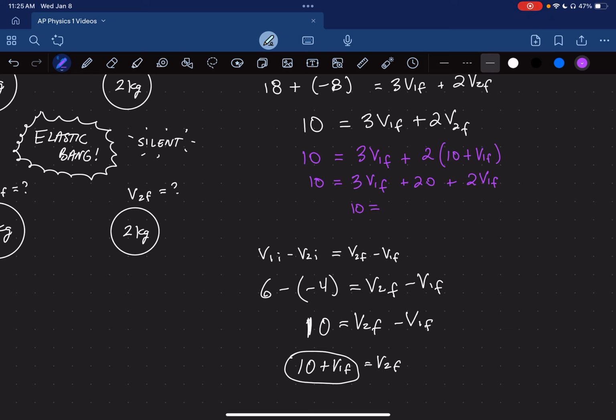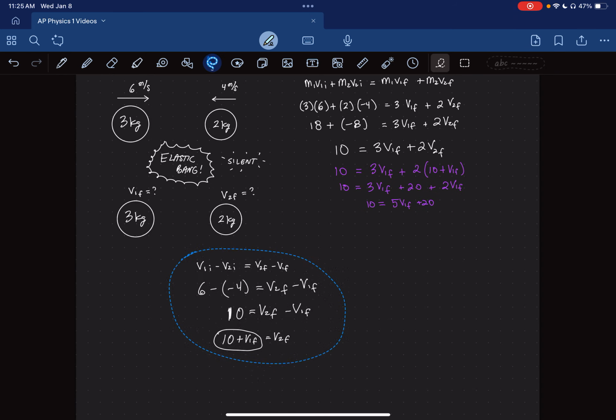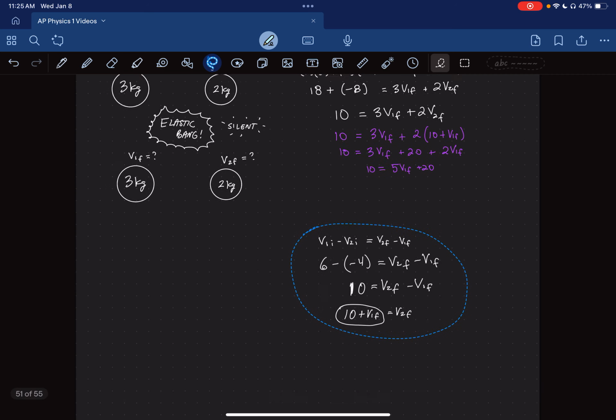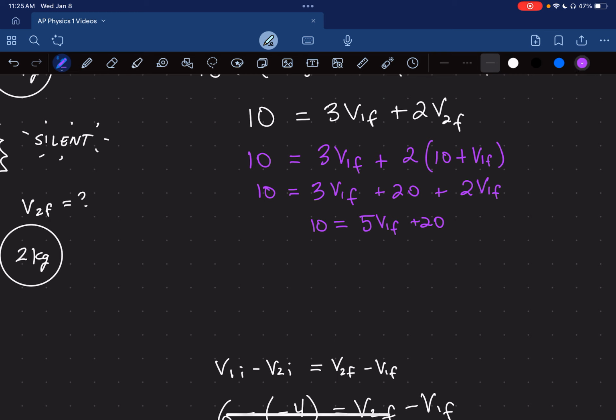This is 10 equals 5 V1F plus 20. Just move this down here. We'll continue. Subtract 20 from both sides. That will be -10 equals 5 V1F, which is -10 divided by 5, which is -2.